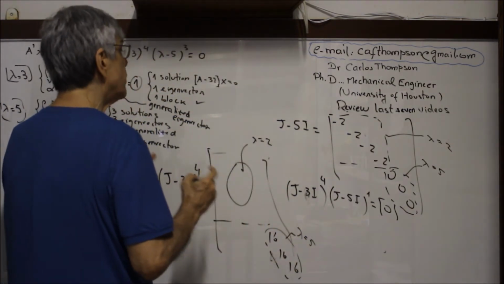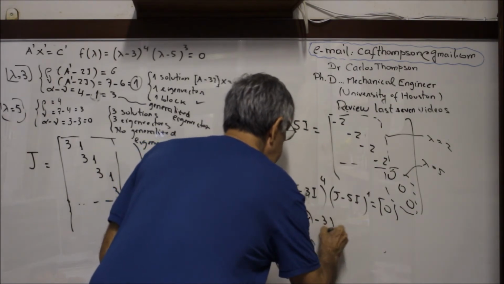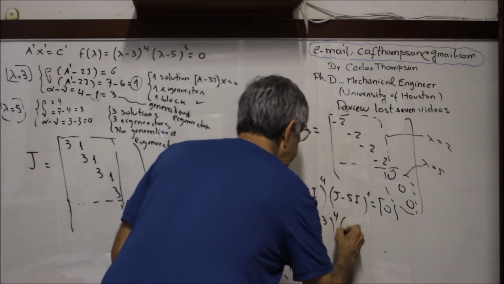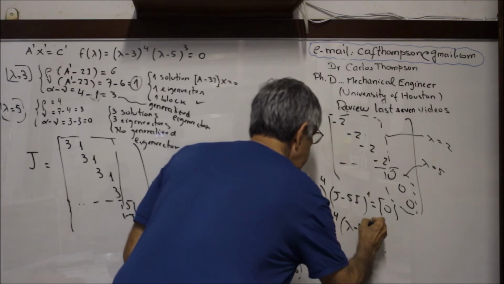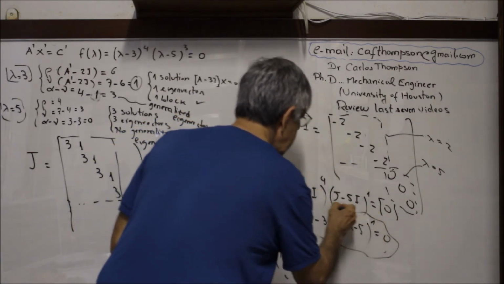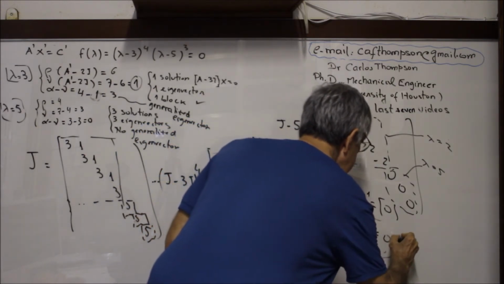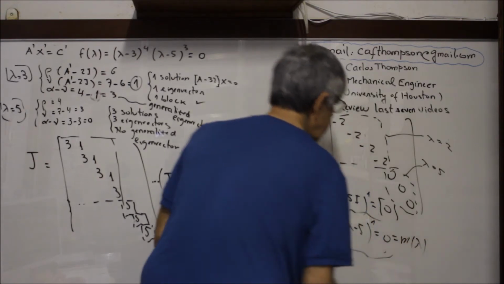So my minimum polynomial will be lambda minus 3 to the power 4, lambda minus 5 to the power 1, equal to 0. Now, this is my minimum polynomial. Let's call it m of lambda.